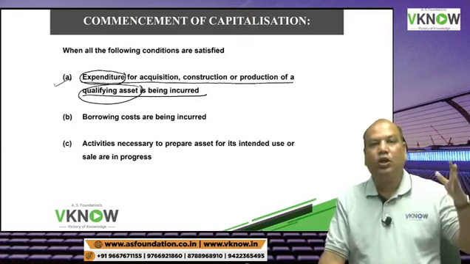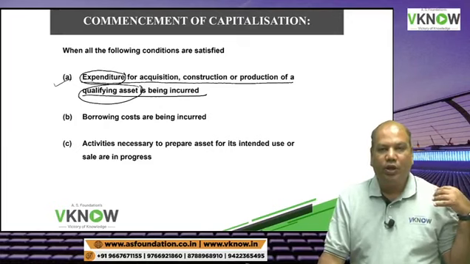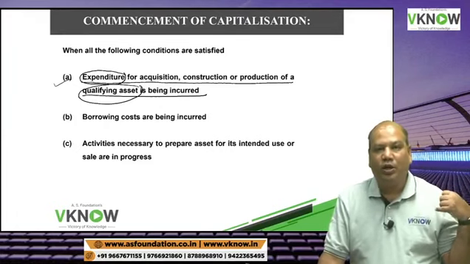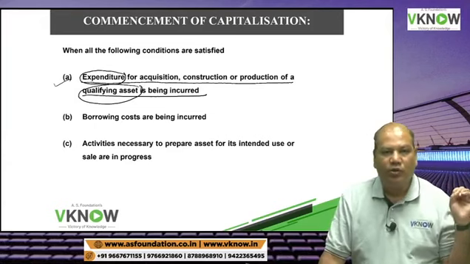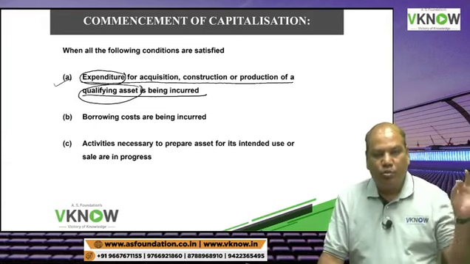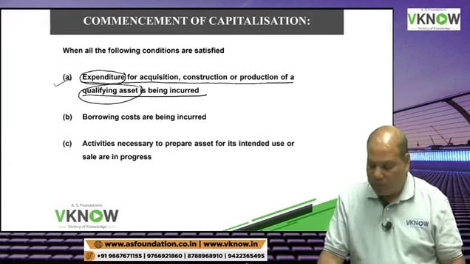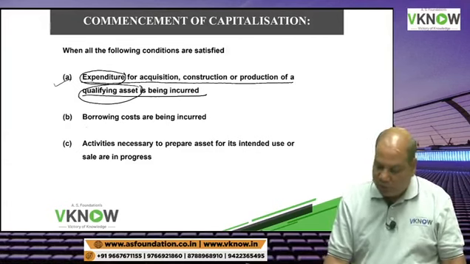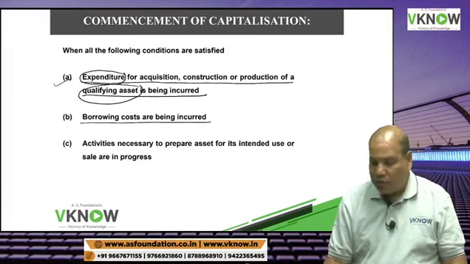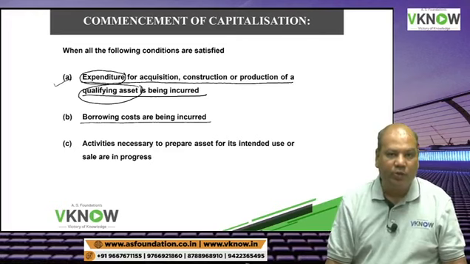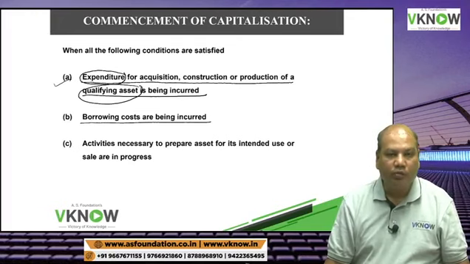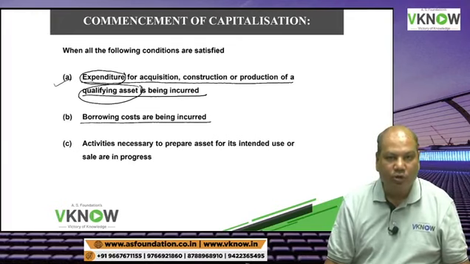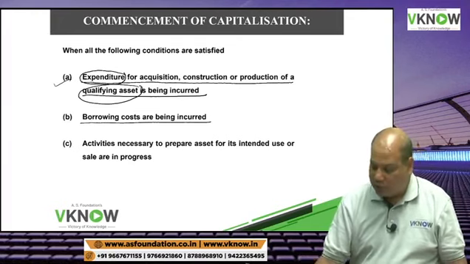If you are only thinking of incurring a capital expenditure, thinking I am going to buy a land, then you will not start capitalizing. You must incur expenditure on the qualifying asset. Second, as we have written in the previous question, borrowing cost must be incurred. If there is no borrowing cost, where is the question of capitalization?